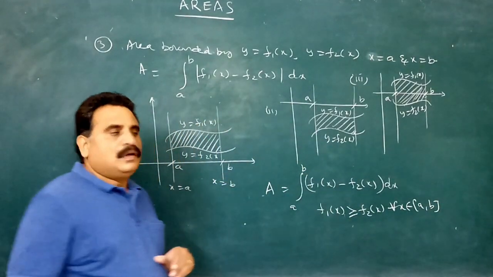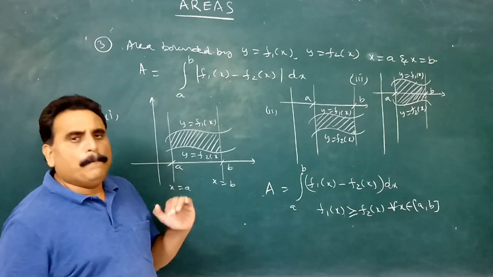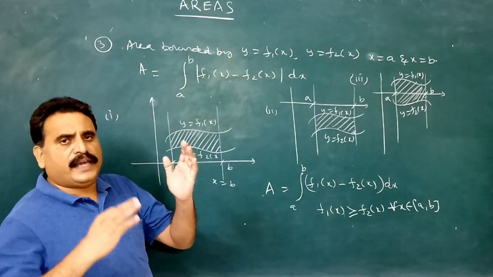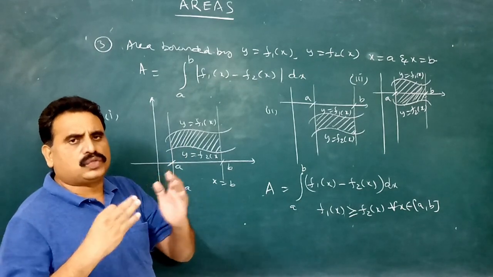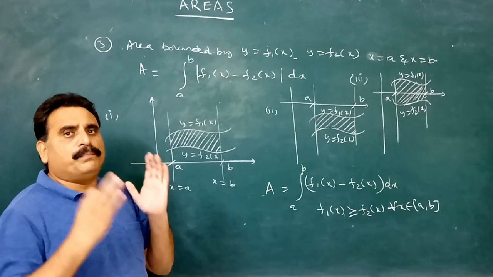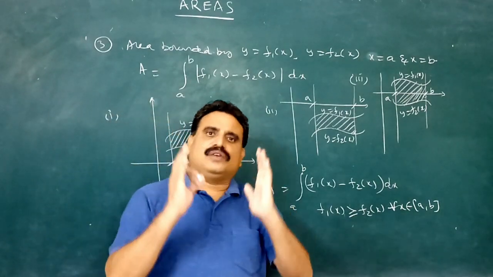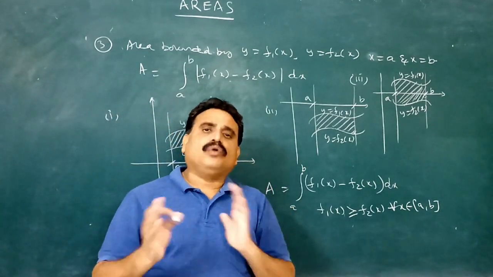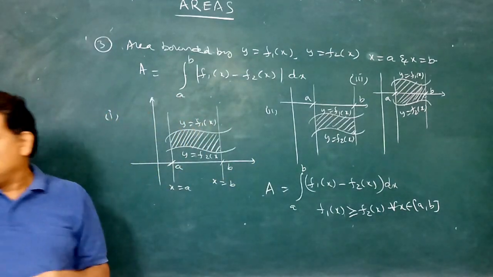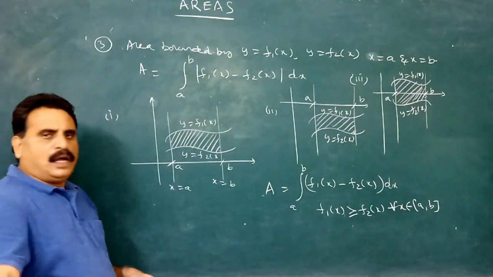Now, for example, if f1(x) and f2(x), these two curves, intersect at a particular point C between the lines x equal to a and x equal to b, how do we find that? We can easily find that. Let us observe that.